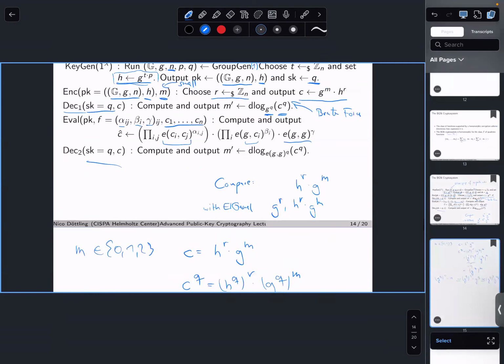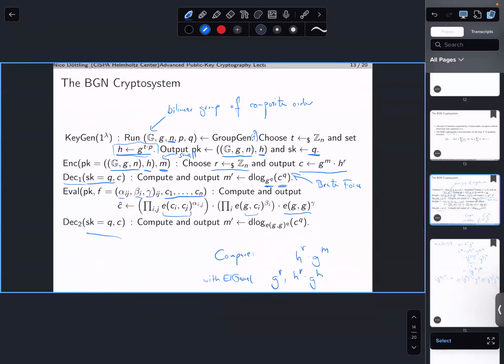Please, what was your question? It's about DEC1 and DEC2. Yes. But if you could maybe reiterate again what the difference between them is, because I see the DEC2 associated with the identity of the bilinear map. I didn't really understand what the idea is behind.